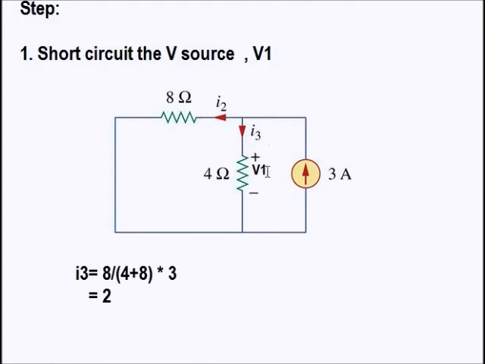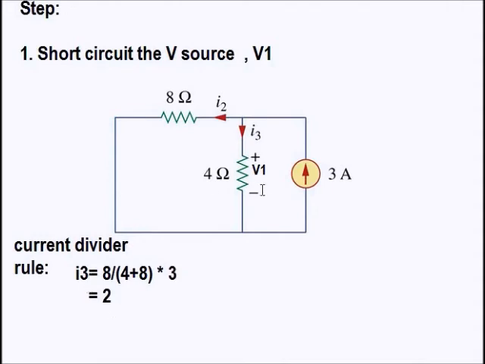Since you want to find the value at the 4 ohm, first you calculate I3 using the current divider rule. What is the current divider rule? 8 divided by 4 plus 8, then multiply by the total current.